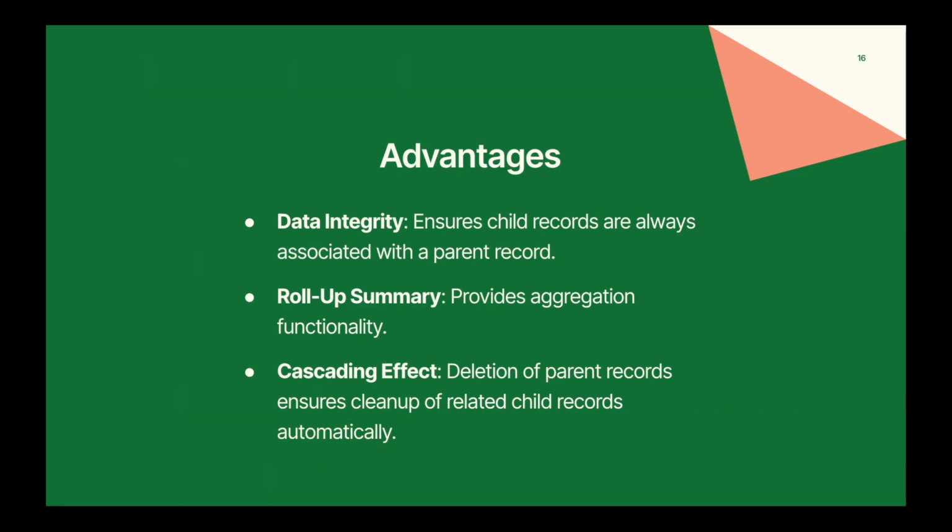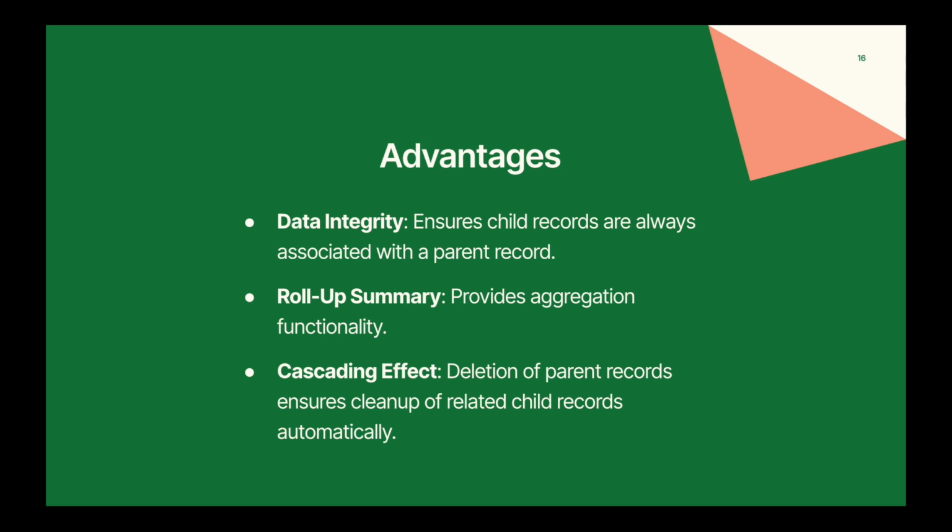Let's move on. What are the advantages of a master detail relationship? First is data integrity. It ensures that the child records are always associated with the parent records. Obviously it has its pros as well as its cons.